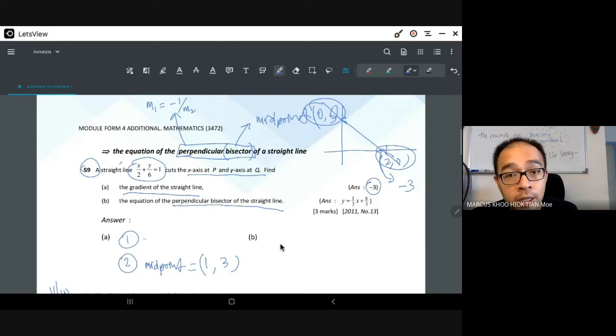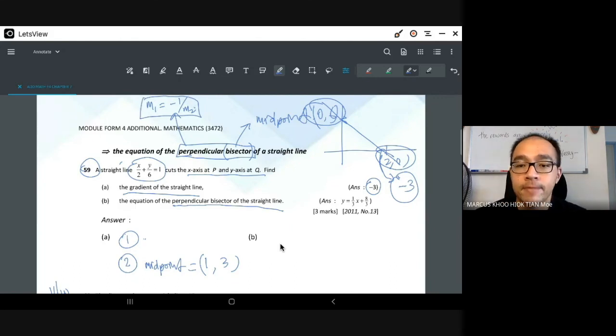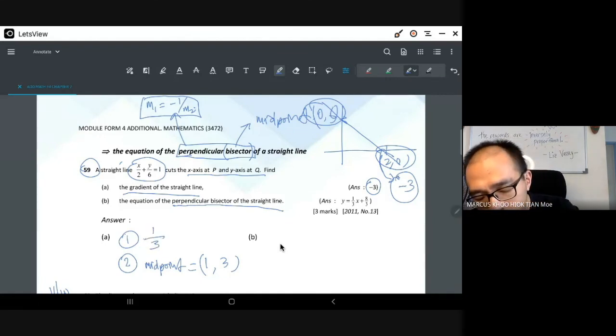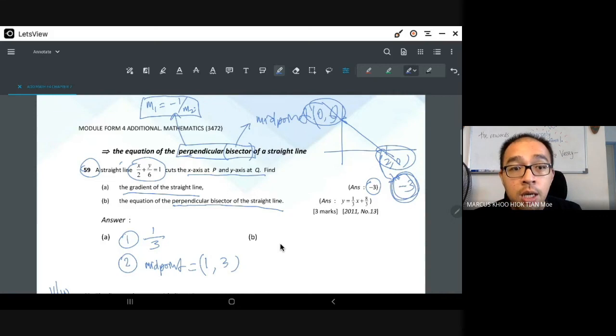We want perpendicular, right? If this is -3, M1 equals -1 over M2. Substitute the M2 over here. The gradient is 1 over 3. How come we don't use the gradient -3? Because it is not parallel, it is perpendicular.